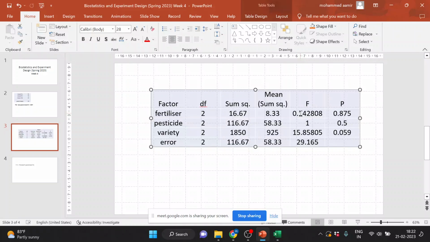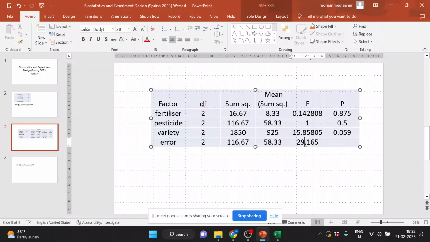Okay, you wait, something wrong has happened here. This needs to be 1. So 8.33 divided by the mean sum of squares error, that's 116.67, you get 0.14. For the next thing, it's the same, 58.3 divided by 58.33. For the next thing, it is 925 divided by 58.33. That's 15.